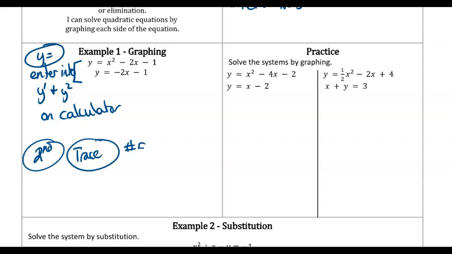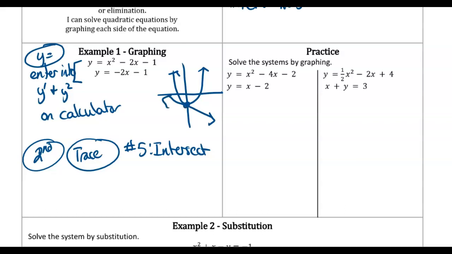Then we selected number 5, which was intersect. Let's make a little sketch of what happened. We had a parabola like that, and then we had a line, and it intersects right there. That was at 0, -1, and that's our solution.